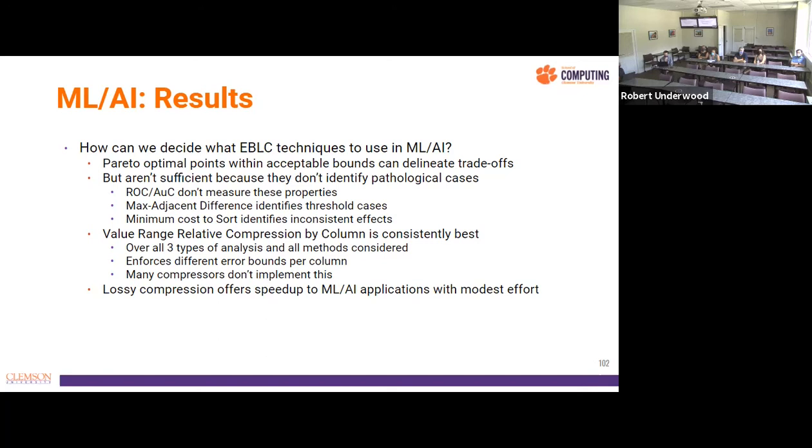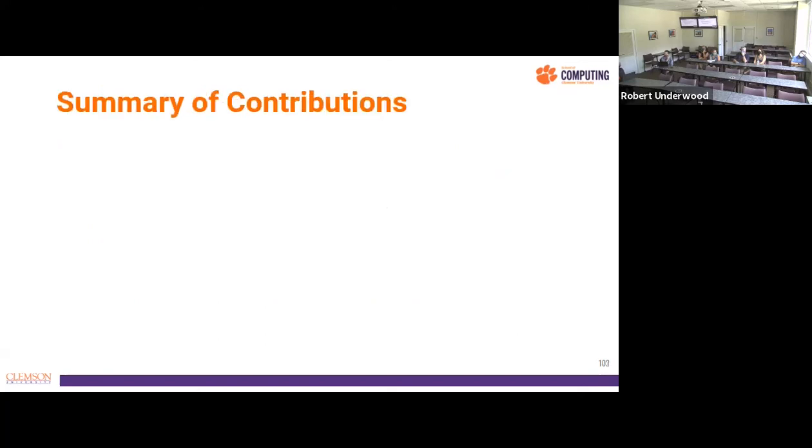We identified a set of additional metrics that help you identify problematic use cases that weren't captured with the previous methods. We also found that value range relative compression applied by column was consistently one of the best approaches, and the reason for this is that it enforces different error bounds on different regions. Lastly, lossy compression offers a speed up to machine learning and artificial intelligence applications with modest effort.